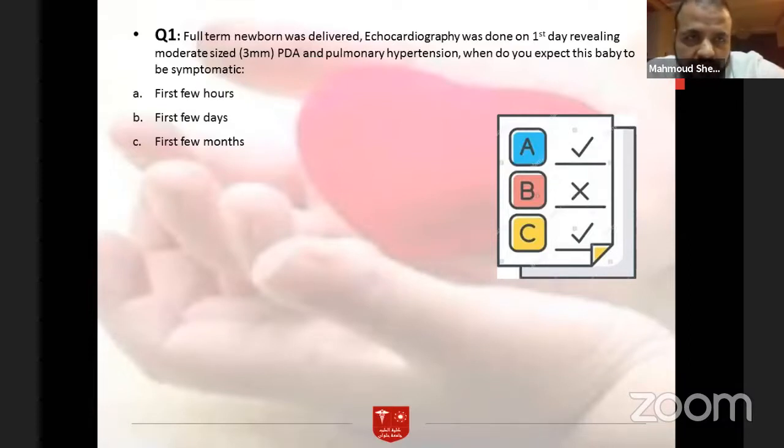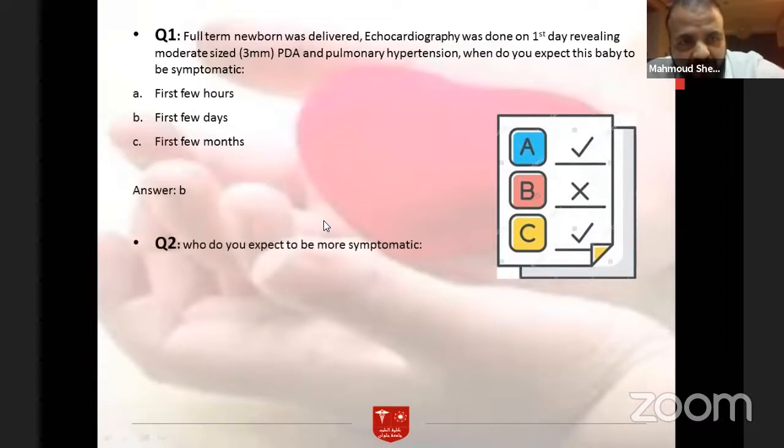So, as Dr. Khaled mentioned, yes, the right answer is B, the first few days. And this is why: because we have a moderate size PDA and pulmonary hypertension, this is on the first day of life by echo, and the baby is not symptomatic.